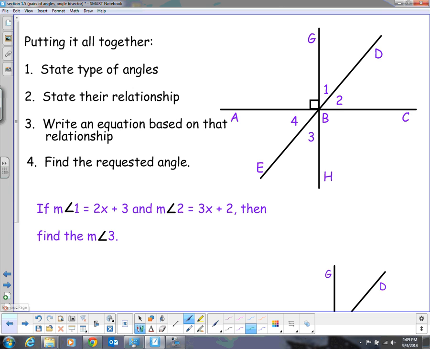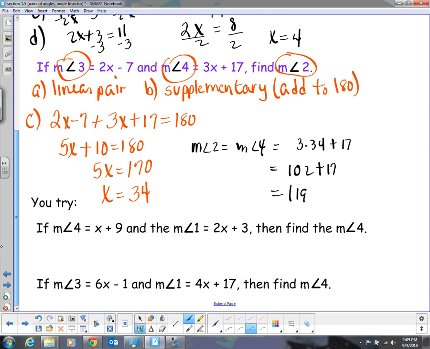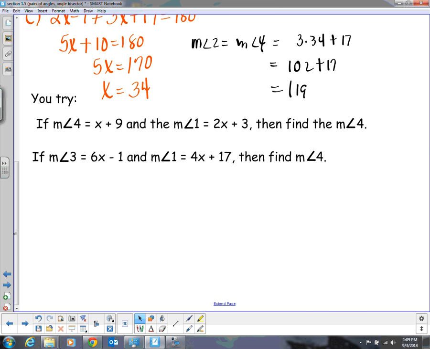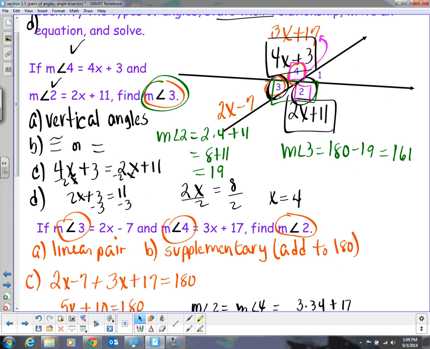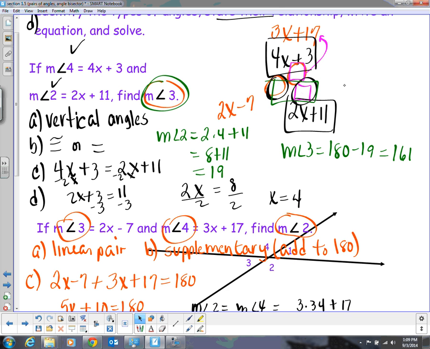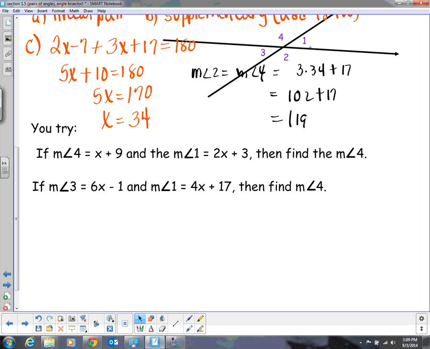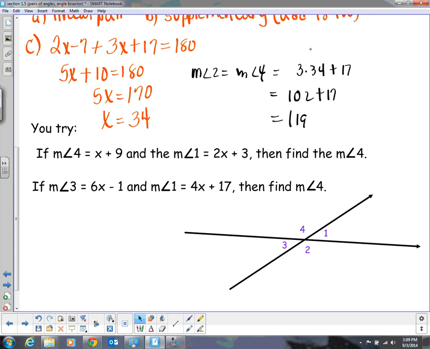This is tomorrow's notes. So you've got an opportunity right now to do these two questions, and these two questions are based on this picture. What I want to see, you've got a word map of vertical angles and a word map of linear pair angles.